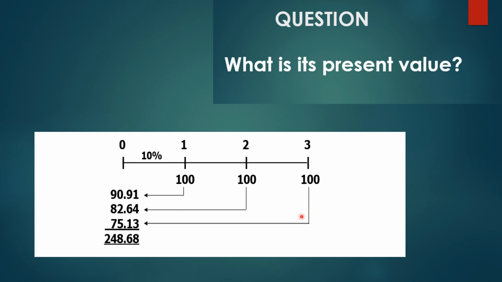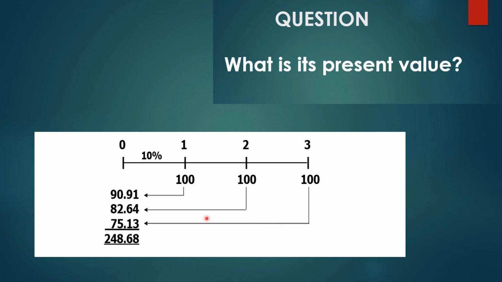So for year 3, we have 1 plus 0.10 or 1.10 raised to 3, okay? 100 divided by that factor. Okay, so we get 75.13. So you can make the formula A divided by 1 plus i raised to n, or simply A multiplied by 1 plus i raised to negative n.